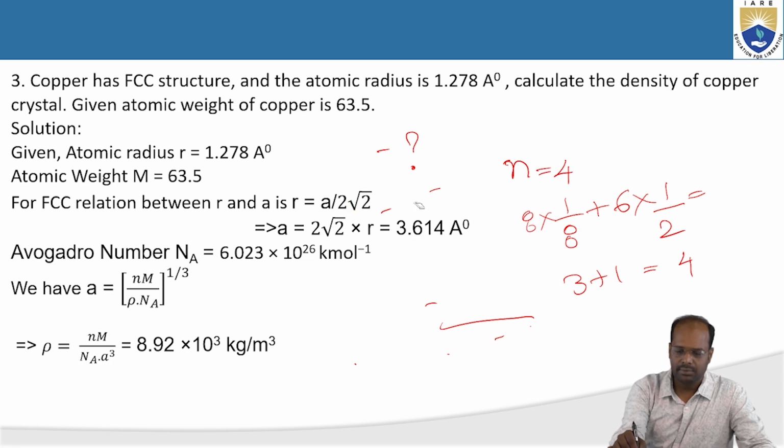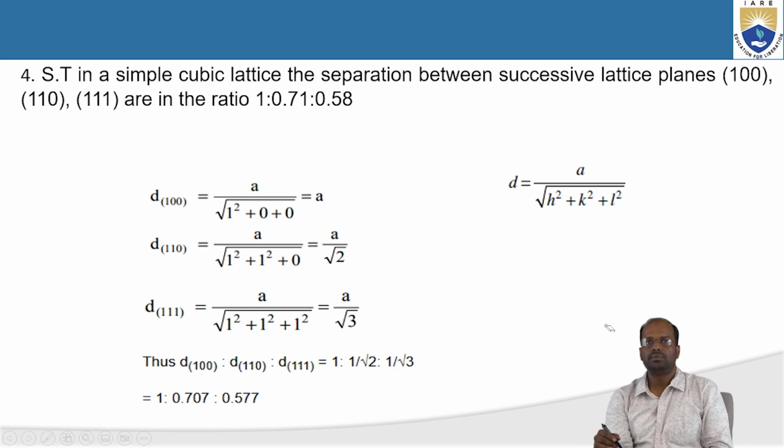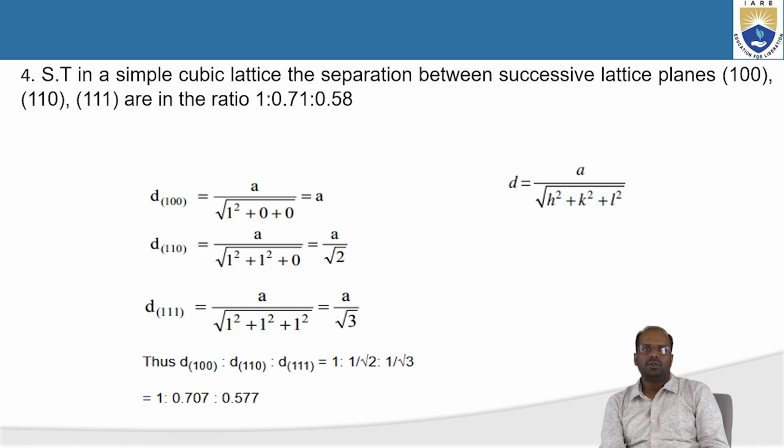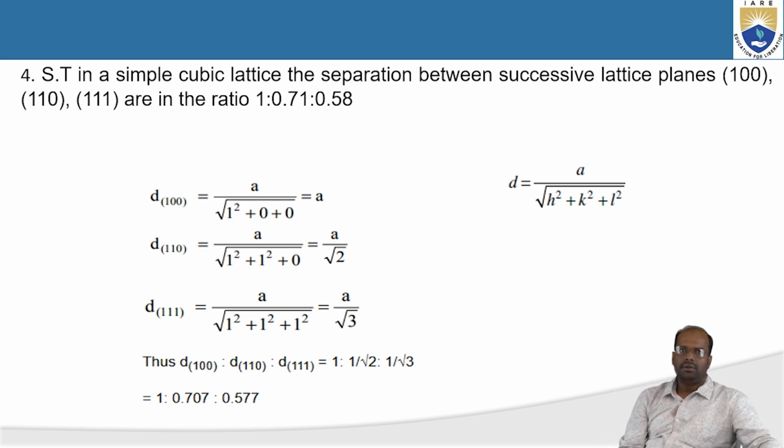Next we are going to the next problem, the fourth one. Show that in a simple cubic lattice, the separation between successive lattice planes 100, 110 and 111 are in the ratio 1 is to 0.71 is to 0.58. For the separation between successive lattice planes, the interplanar spacing, what is the formula we know?